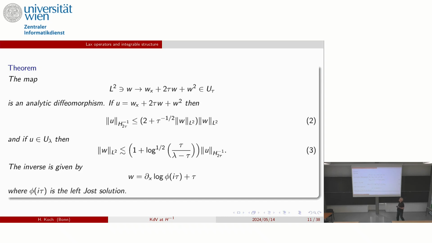Pretty nice property. And then I denote this H minus 1, 2 tau as a semi-classical version. I look at the multiplier xi squared plus 2 tau squared on the Fourier side. So this is, maybe I should write it on the blackboard.